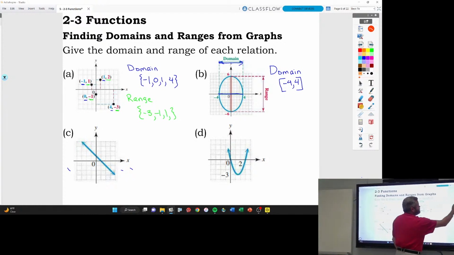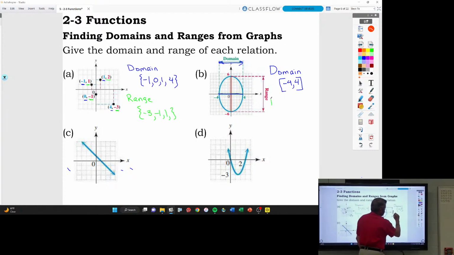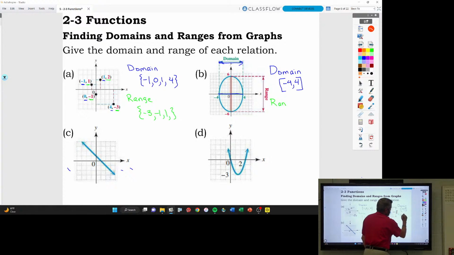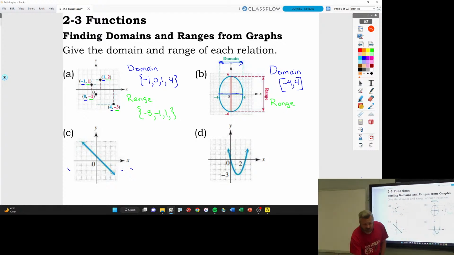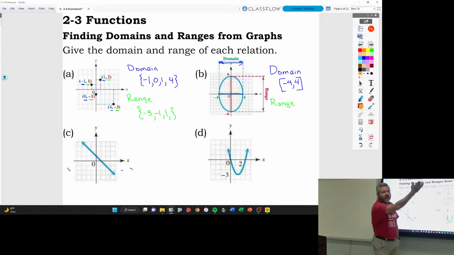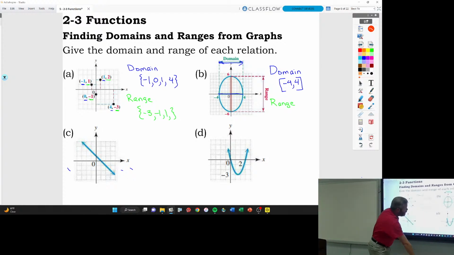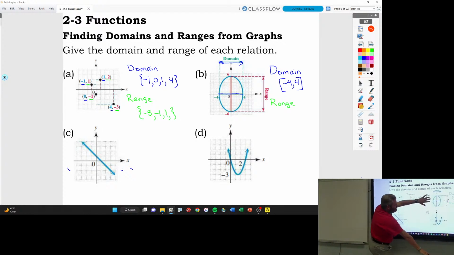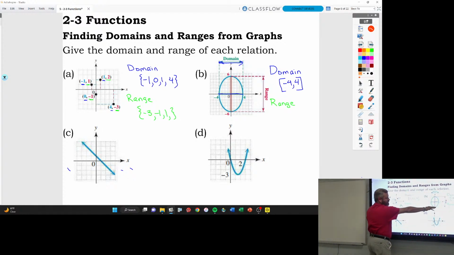Okay, let's look at the range now. We're going to have the same discussion about the range, but now we're talking about going from the y-axis all the way down, all the way up. If we're way down here, I'm not at graph B yet, but as I move my way up, I finally touch the graph at -6.